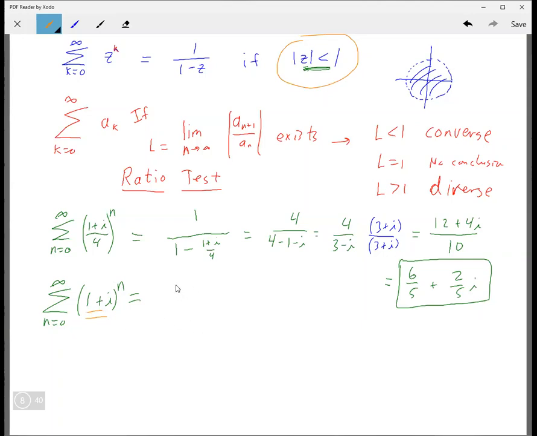Just i. It's going to be i, or wait, is it square root of 2? Isn't it the square root of the real part squared plus the imaginary part squared? Yes. That's greater than 1. So that means it diverges, doesn't converge.